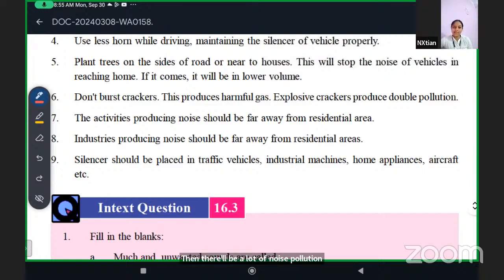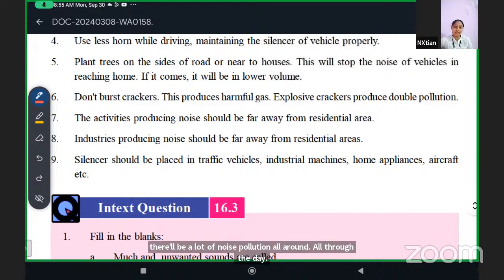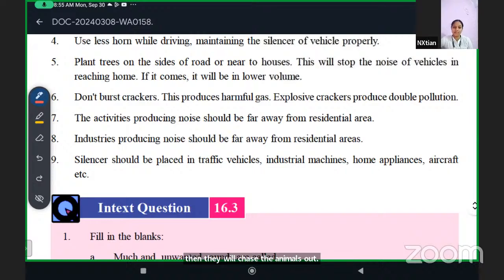Yes, Simeon? If it says in point 7 that the activities producing noise should be far away from residential areas, suppose the residential area is near a forest, and the industry is moved far away. They will go into the forest and chase the animals out and create lots more problems, right? They will take the animals out.